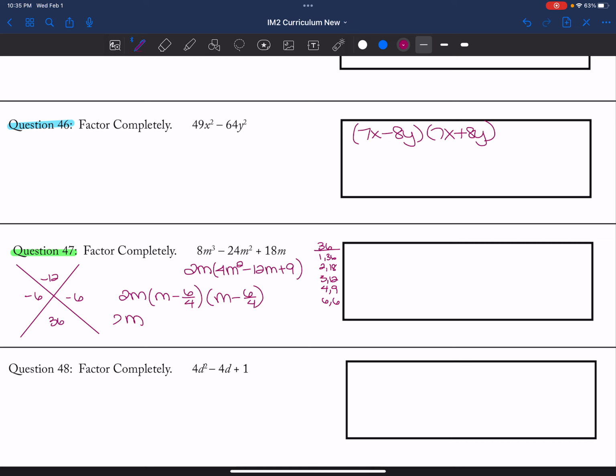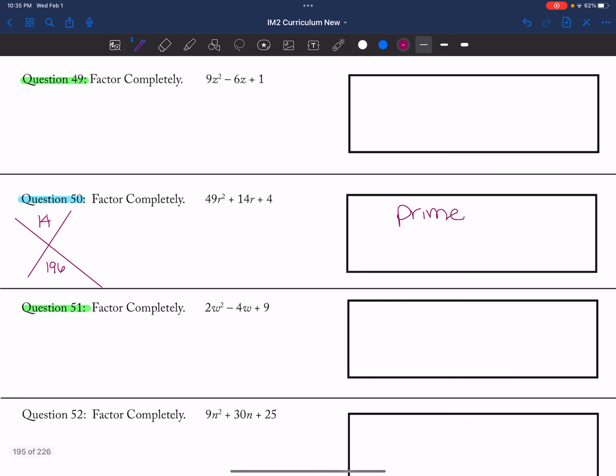So M, 2M, is M minus 3 over 2 and M minus 3 over 2. So that's 2M times 2M minus 3 times 2M minus 3. And so when we do the answer, it is actually 2M, and then it's 2M minus 3 because they're the same, the quantity squared. Okay?